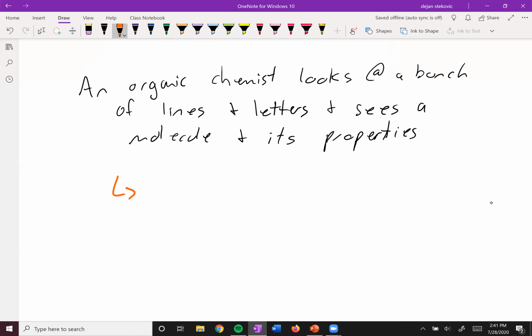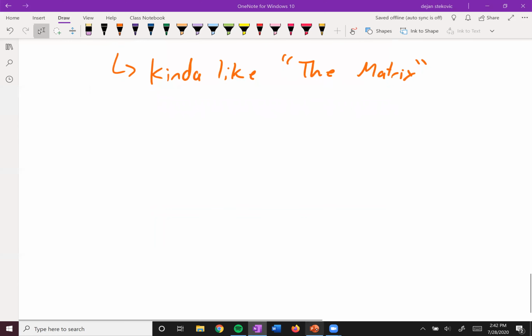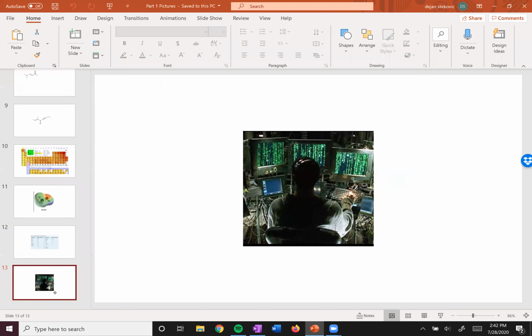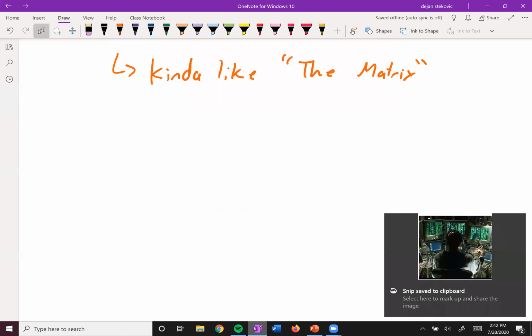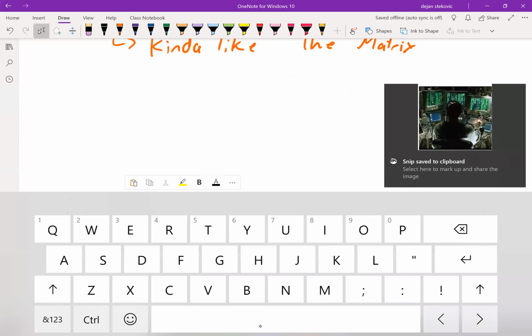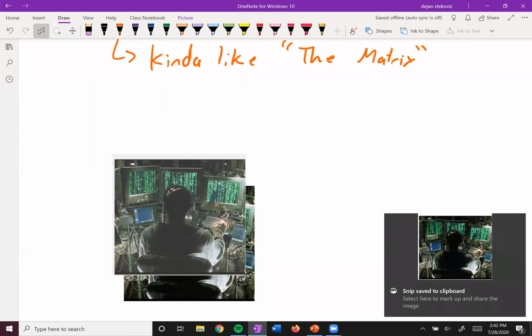And so my analogy here is that it's kind of like The Matrix. If you haven't seen The Matrix, it's a great movie. You should go check it out. But basically the main plot line is, they live in this kind of computer world, and they go into this kind of computer simulation. And there's this one guy that basically keeps track of everything.